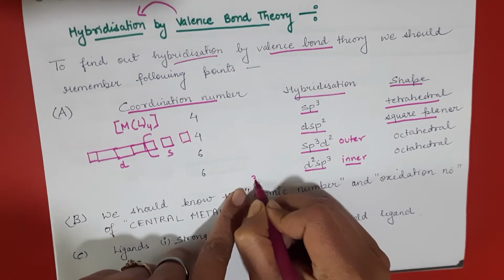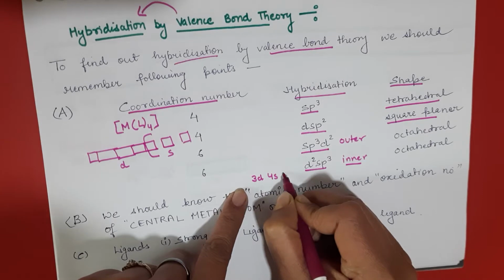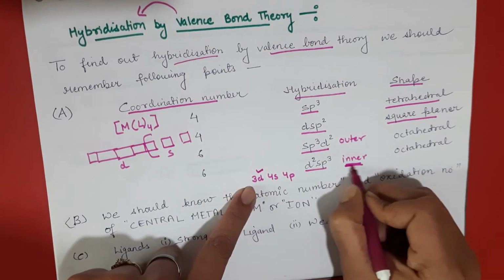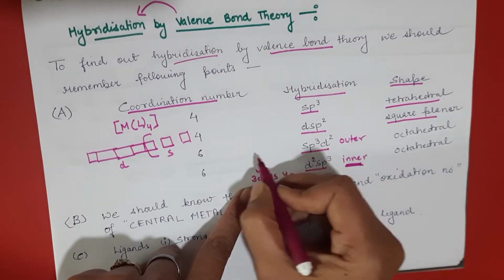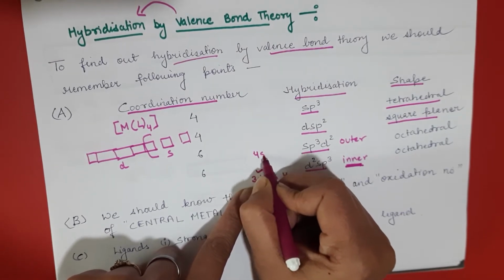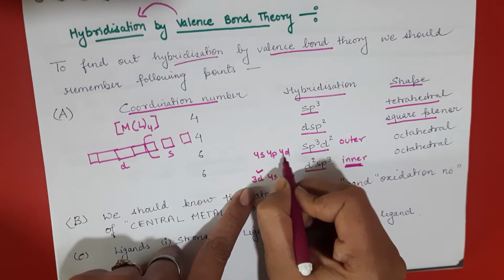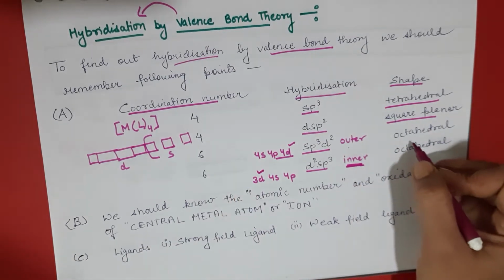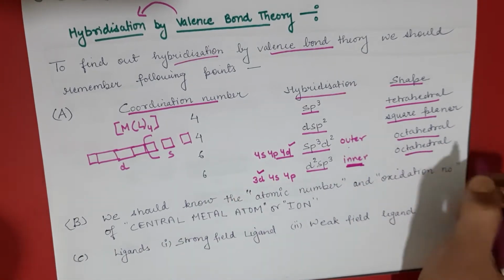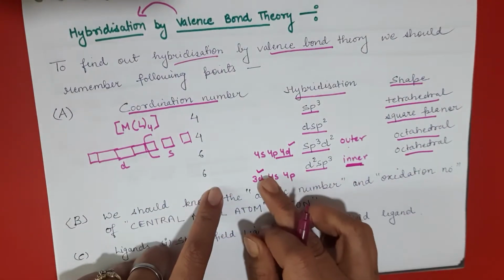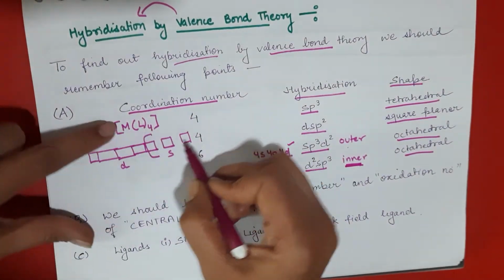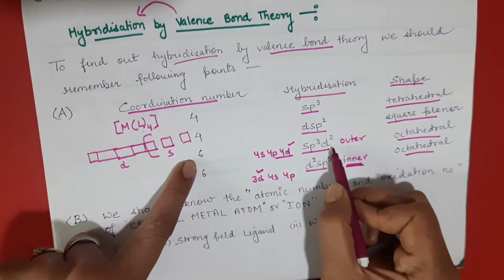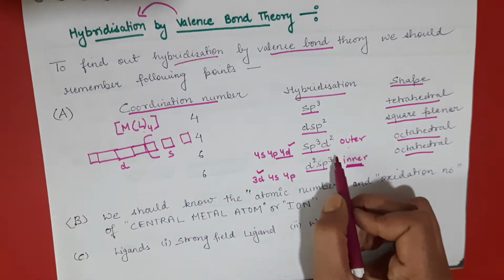Let's say we have 3d, 4s and 4p, so the d orbital used here is 3d. That's why it is known as an inner orbital complex. And if the orbitals used are 4s, 4p and 4d, this is an outer orbital complex. Both have an octahedral shape. So remember: coordination number 4 has two possibilities, and coordination number 6 also has two possibilities.